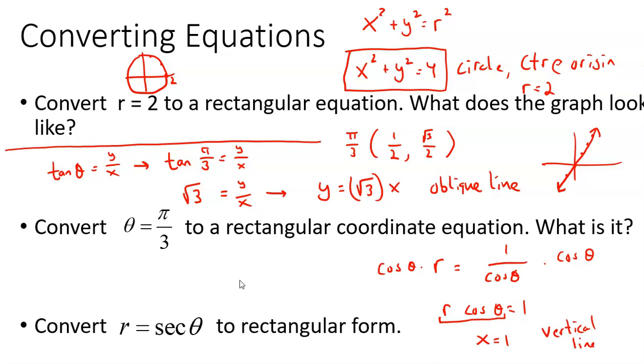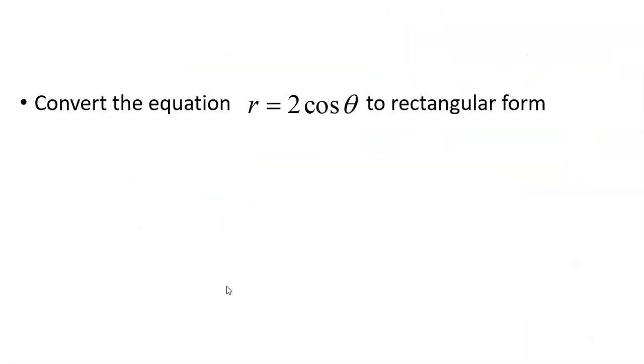All right, let's take a look at one or two other things here. Suppose I want to convert this guy to rectangular form, r equals 2 cosine theta. Well, I know what to do with x equals r cosine theta, but this is not x equals r cosine theta, this is r equals 2 cosine theta. Well, if I had an r cosine theta, I could probably do some wonderful things with it.